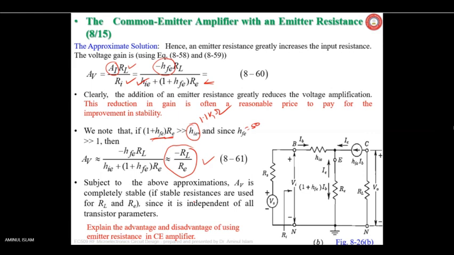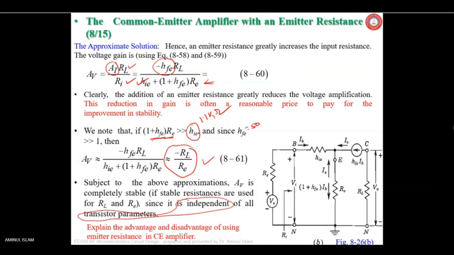See, there is no transistor parameter. All the h parameters are transistor parameters. It is not depending on that. The only care you have to take is that the material of RE and RL is such that it is not much varying with temperature.